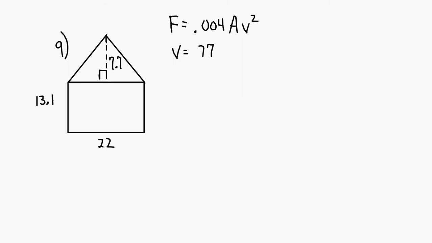So what you're missing in this formula is the big letter A. And that represents the area of the side of this building. So you're going to figure the area of this rectangle, and then you're going to figure the area of the triangle on top of it, and you're going to add those two numbers together. So the area of this bottom piece is going to be 13.1 times 22.